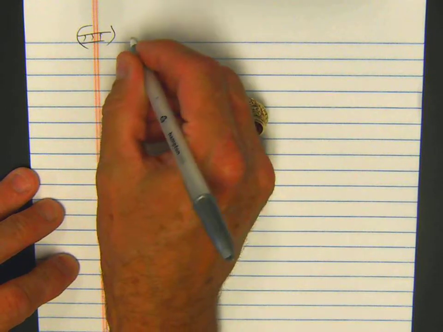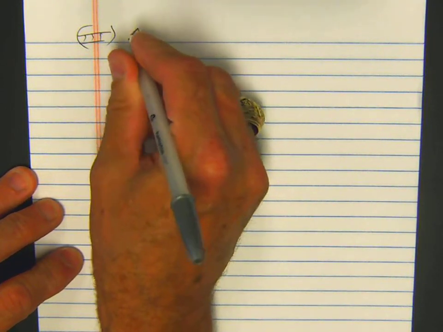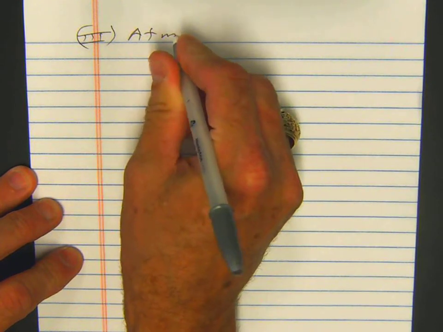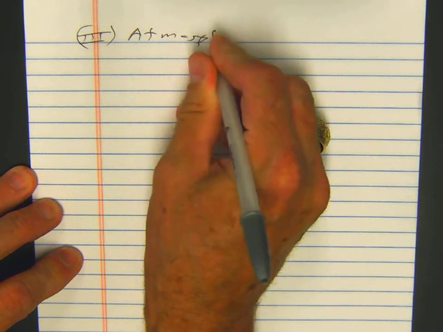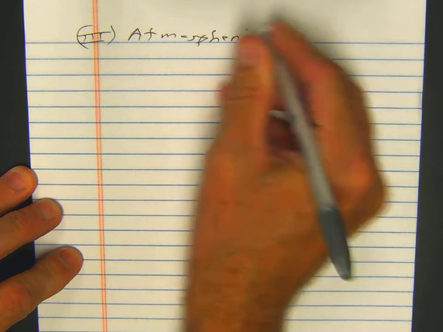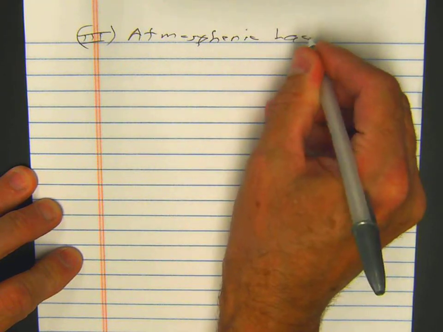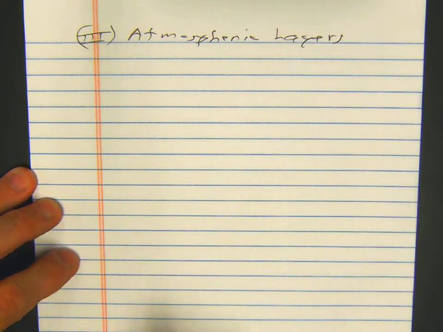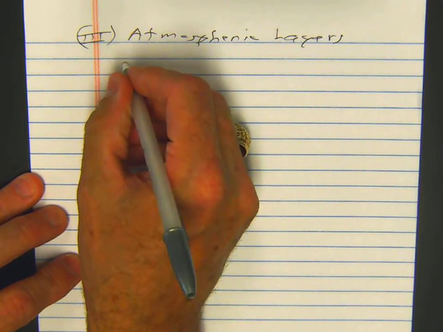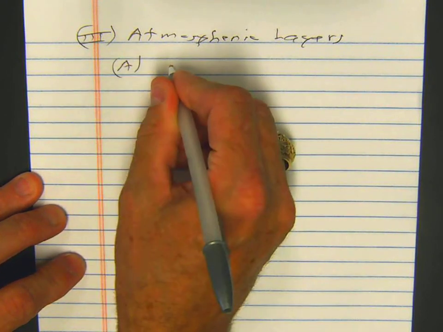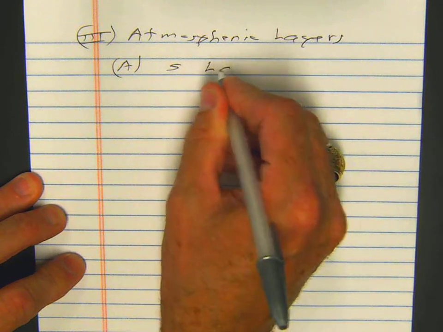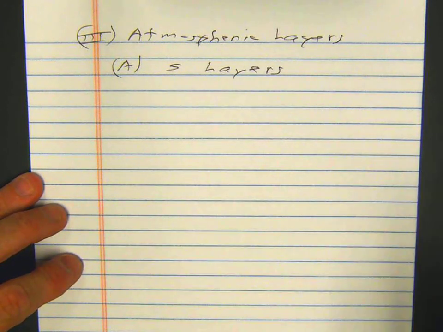Now, let's go ahead and talk about just the atmospheric layers, if you will. And here's what's most important to remember about those. There are 5 layers, starting from the Earth and moving on out.